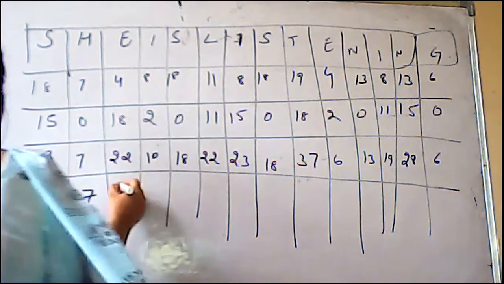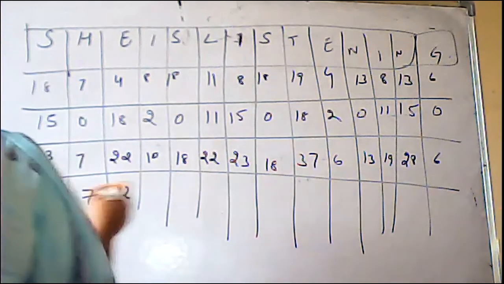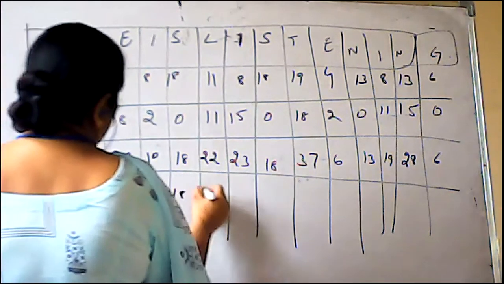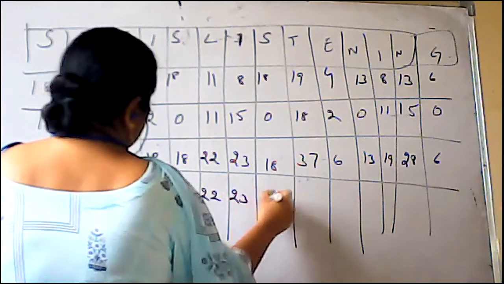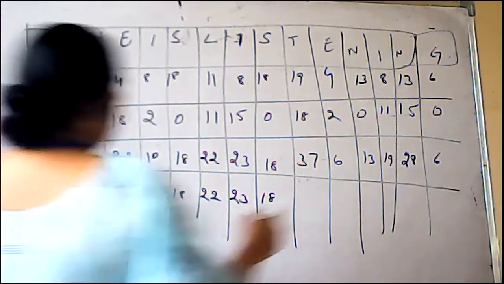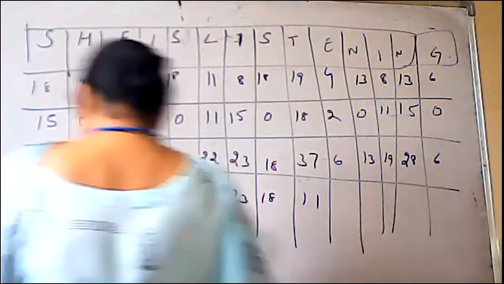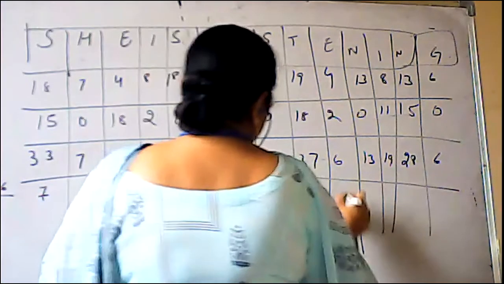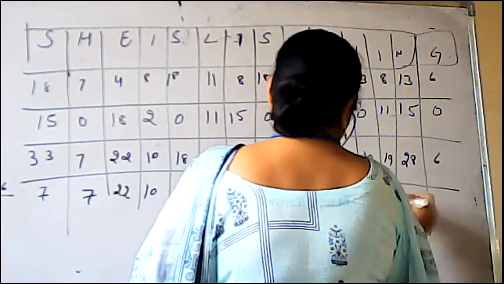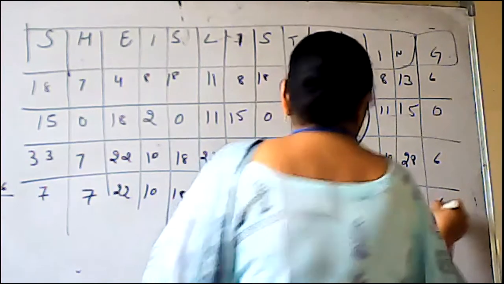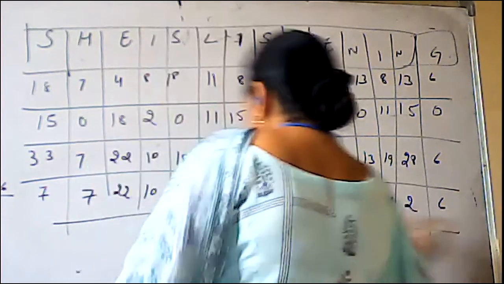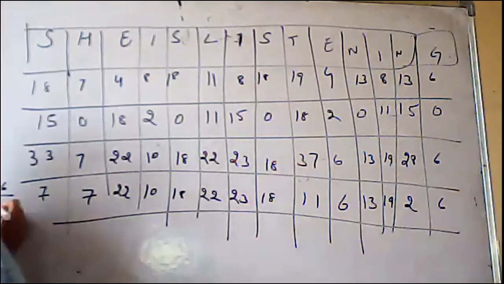This is 7 again, 22 again. You will get 10, 18, 22, 23, 18. Then 37, you will minus 26, you will get 11. Then 6, 13, 19, 2 only and 6. This is what you will get as ciphertext value.